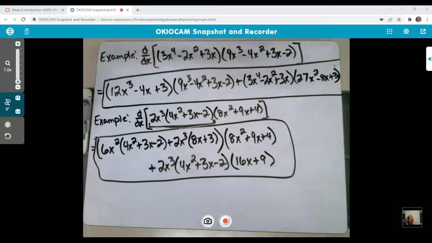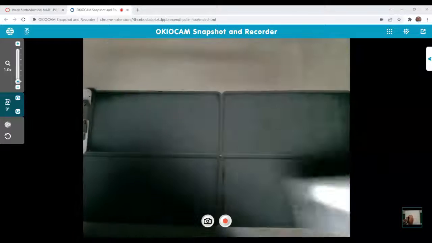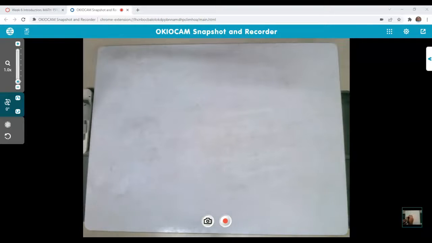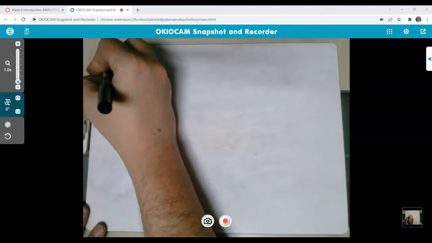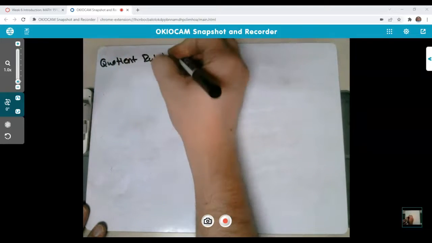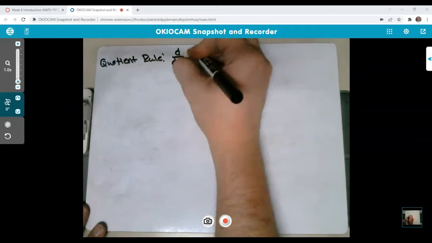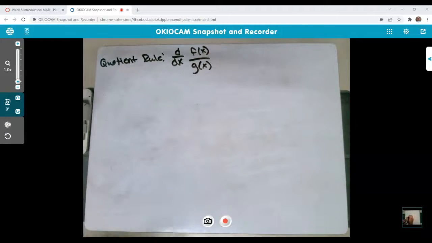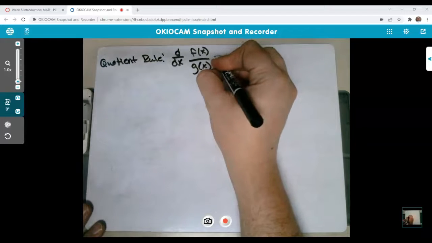Okay, so just like we have a product rule, you can probably expect we have a quotient rule. We have a quotient rule as well. So let's look at the quotient rule. The quotient rule says that if you're finding the derivative of a function divided by a function, so if you are dividing, then the derivative of that is going to be the following.